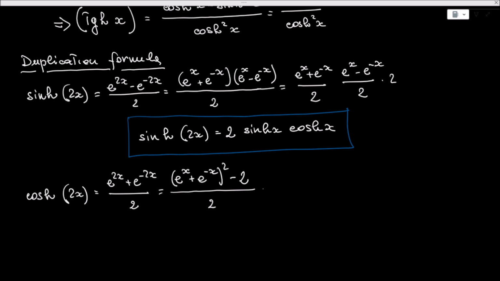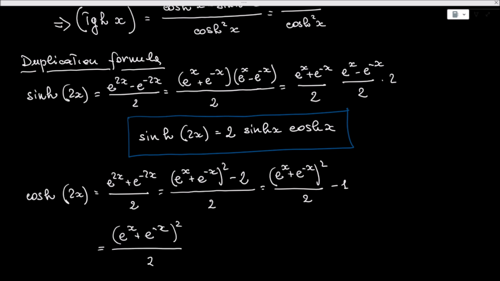And so let me express this as e to the x plus e to the minus x squared divided by 2 minus 1. Okay, and now we can use the fundamental relation and say that this is e to the x plus e to the minus x all squared divided by 2 minus hyperbolic cosine square of x plus the hyperbolic sine square of x, right?